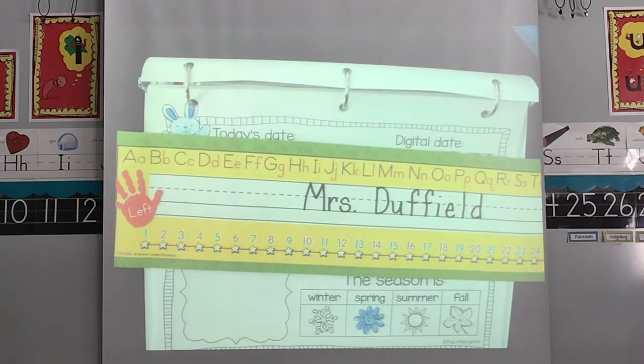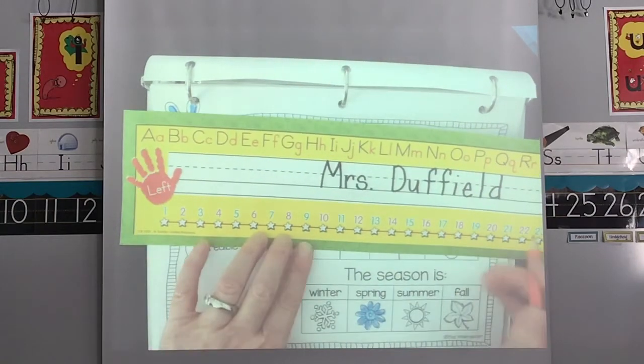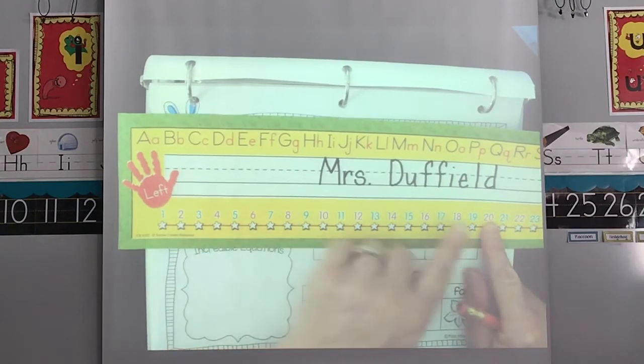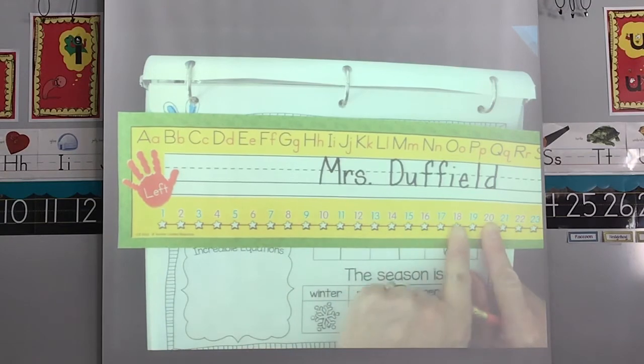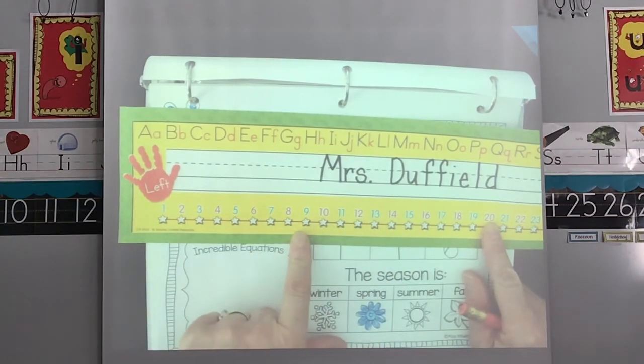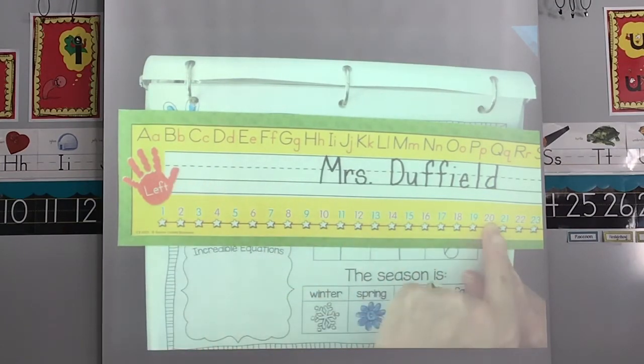So let's do our incredible equations. And remember, when we're doing addition, it's going to equal 20. So if we need it to equal 20, we have to go up the number line, and our answer is here. So that means we have to start with a number below 20 and add it to another number to equal 20, because we're going to end at 20.